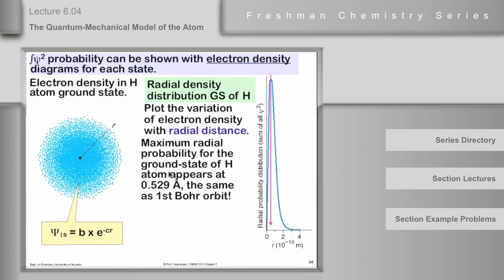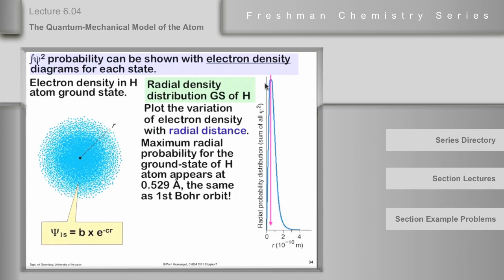Now, here's something that's very cool about that plot. The maximum occurs at 0.529 angstroms. And that was the radius of the first Bohr orbit. Again, you have the same concept arrived at from two different directions. Quantum mechanics said the most probable distance to find an electron in this state, in the hydrogen atom, is 0.529 angstroms.